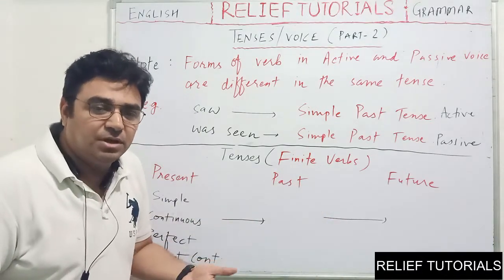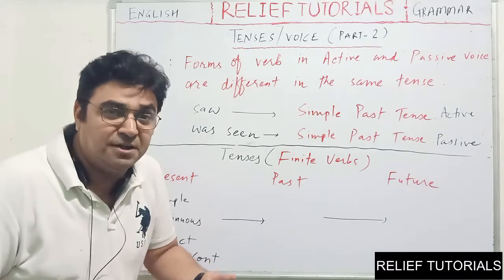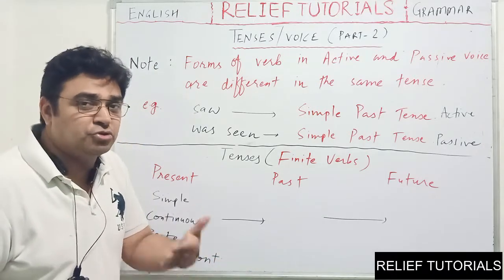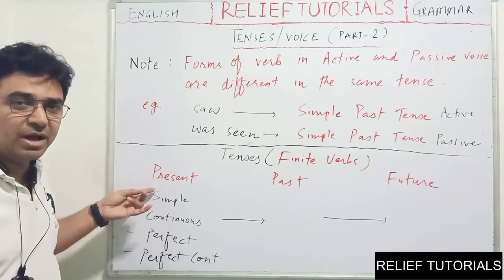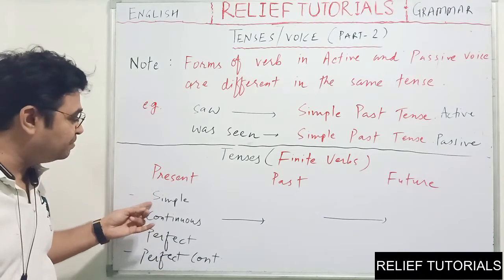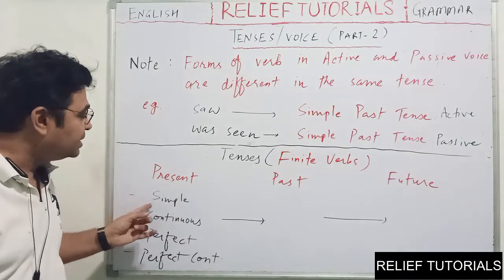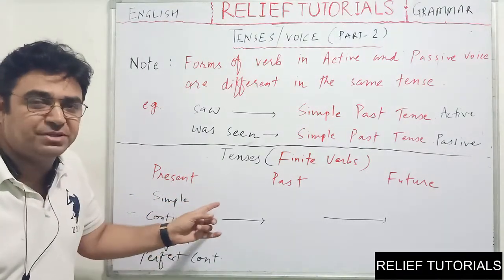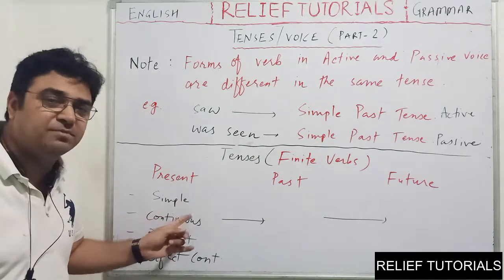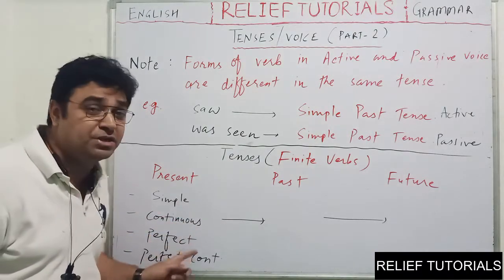But further, in the same time, there are different situations. So according to situation, there are again four categories. Suppose in present time, we have a category of situation that is simple, so it is called simple present tense. Then comes continuous present tense. Then comes perfect present tense. Then comes perfect continuous present tense.